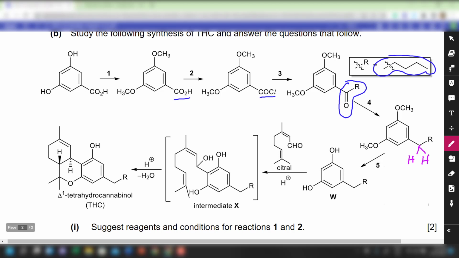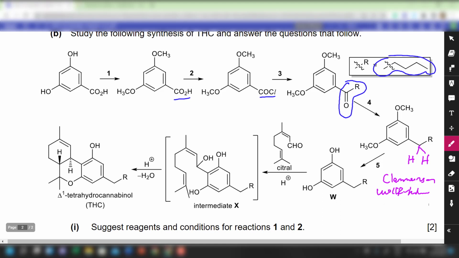If you want to find out a little bit more, you may look up either Clemmensen reduction, or Wolff-Kishner reduction. Both of these reaction conditions will work in our case here.